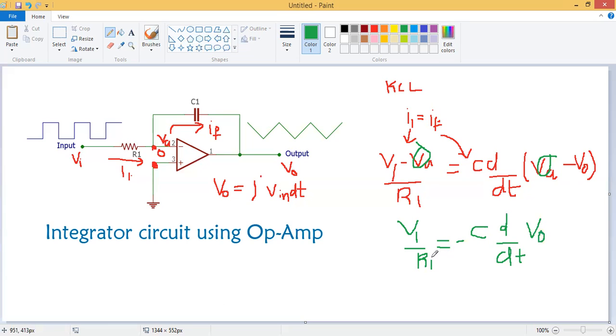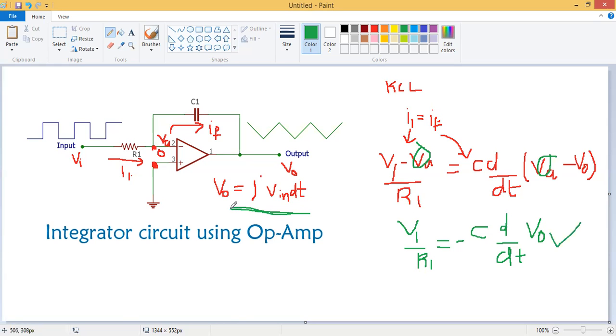Now we are going to write the equation for the output voltage V naught. We are going to prove that the output voltage V naught is equal to the integration of the input voltage.